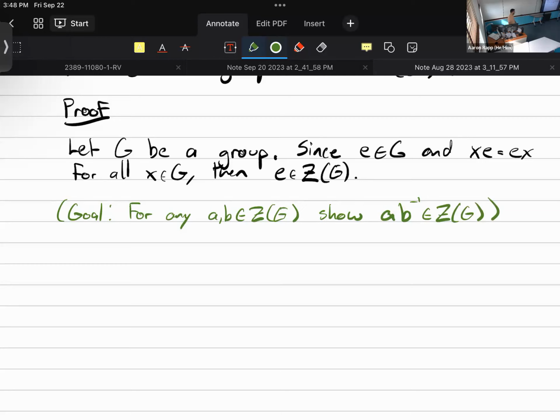Well, if A times the inverse of the second element, B inverse, is in the center of G, that means it needs to what with every other element in G? It needs to commute.